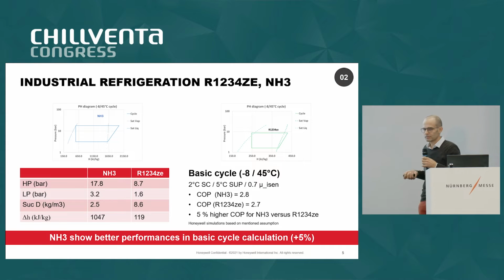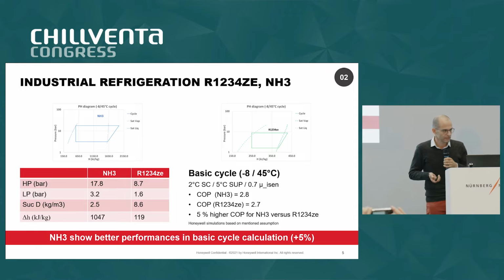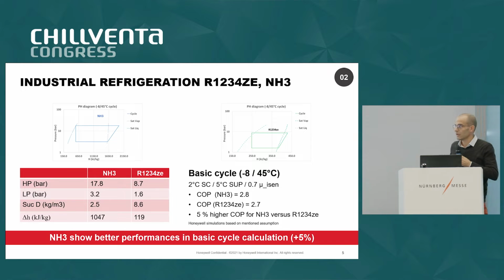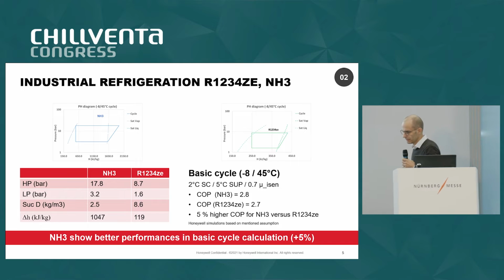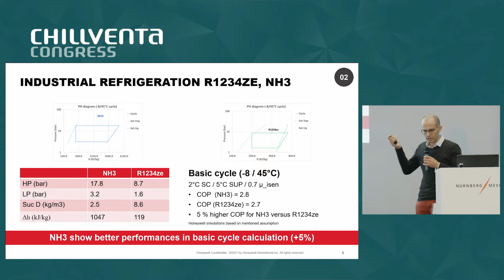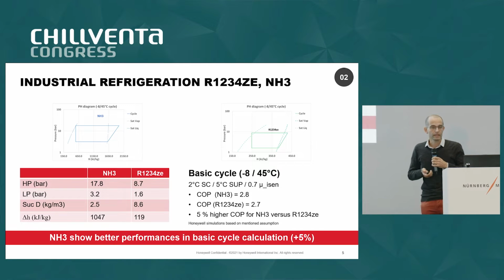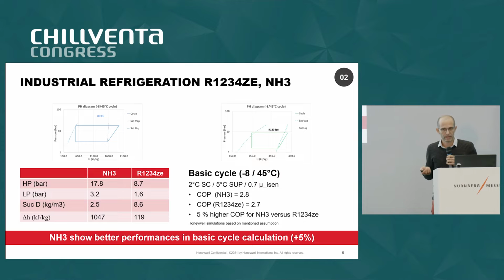So let's talk a little bit about thermodynamics. Here I will talk about ZE and compare it to the reference product, ammonia, which has been used for a long time. It's a standard simple thermodynamic cycle. And if we make calculations using these two products under the same conditions, we can see that there is a difference in the properties between these two refrigerants.